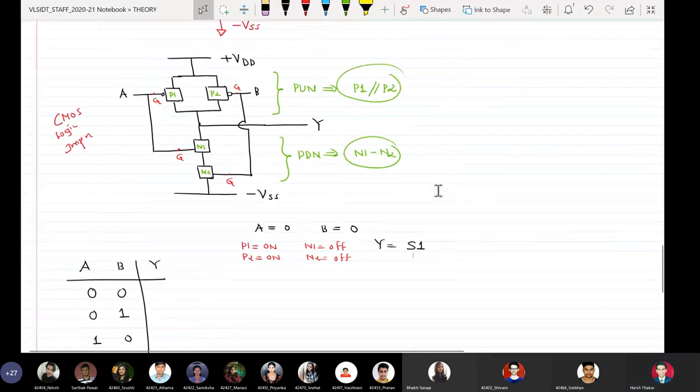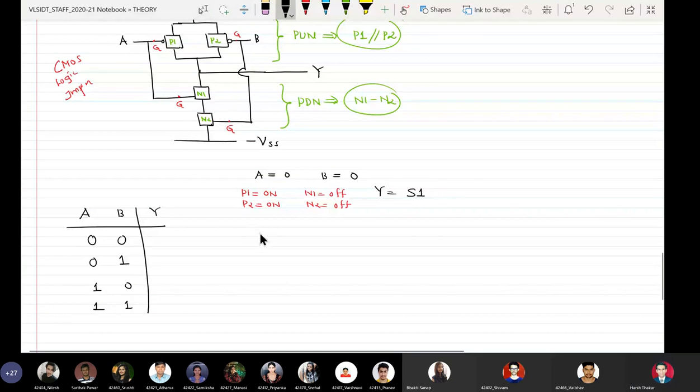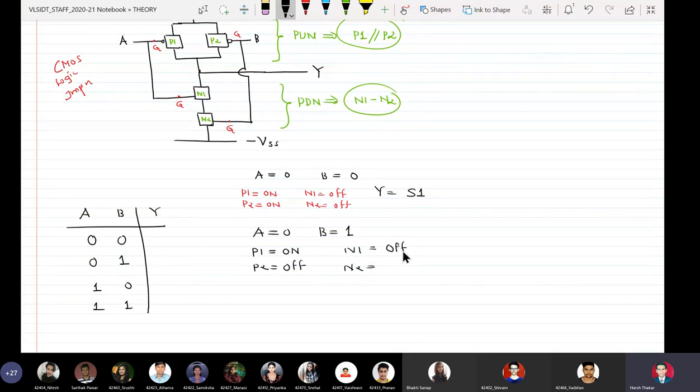Okay. Similarly, we have another case, A equal to 0, B equal to 1. So what is the status? A equal to 0 means P1 is on, B equal to 1 means P2 equal to off, N1 is equal to off, and B is equal to 1, so N2 equal to on.